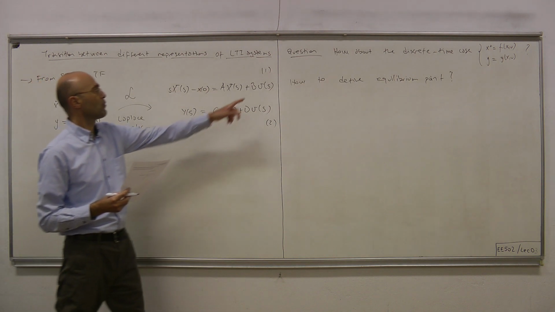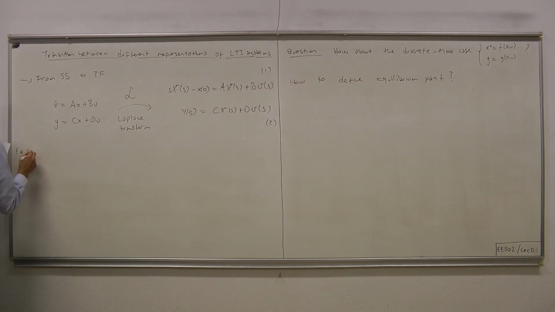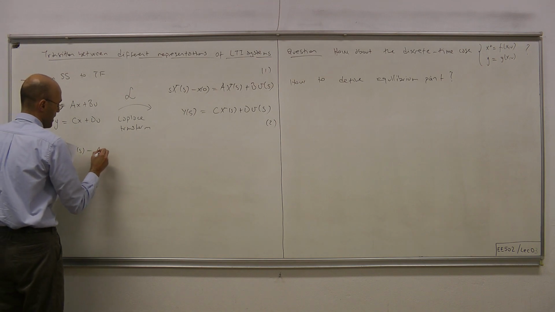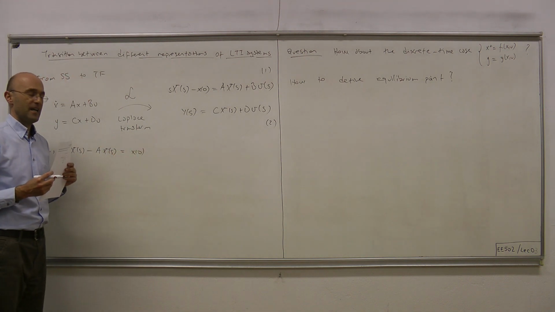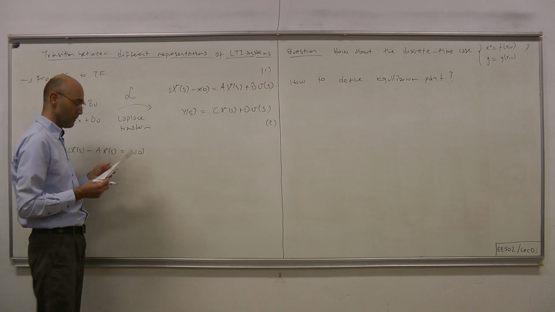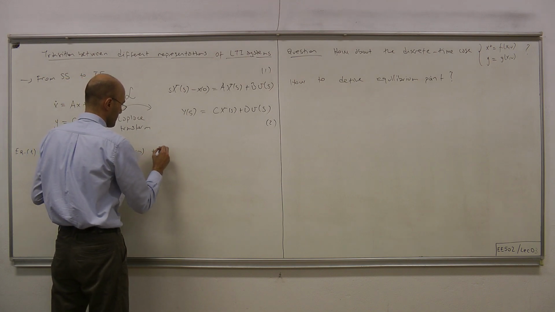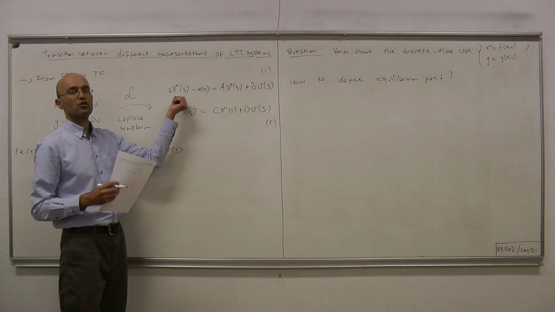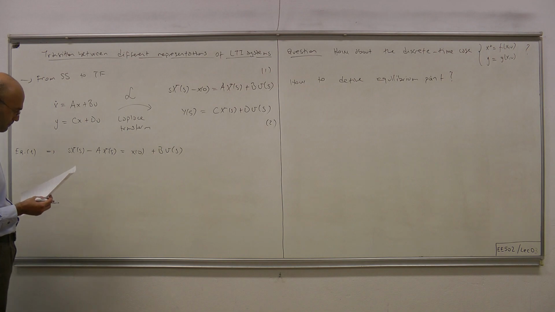Okay, so let's start from equation 1. Equation 1 implies that sX(s) minus AX(s) equals x(0), the time domain signal's value at t equals 0, plus B times U(s). So what we did is collect the x terms on one side and let all the other terms appear on the other side.